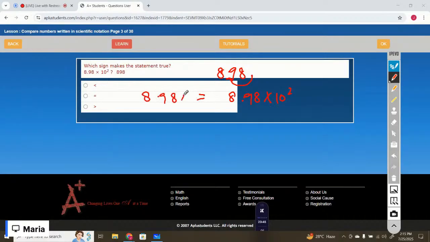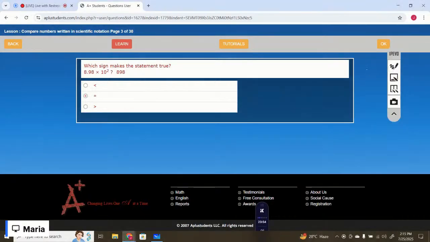So both sides are exactly equal. Option number 2 is the correct option, equal it is.